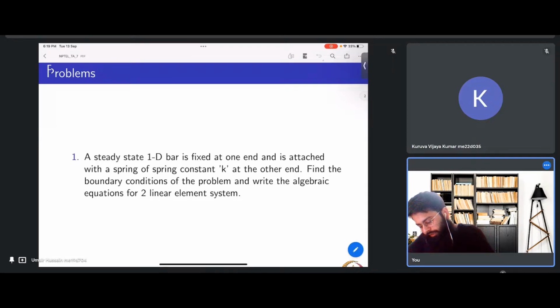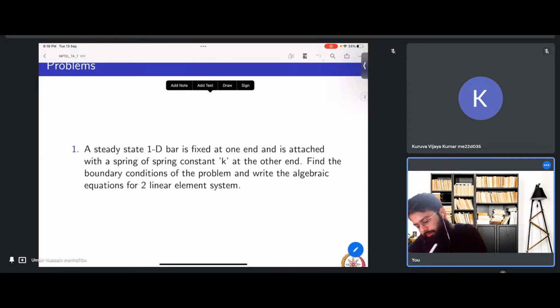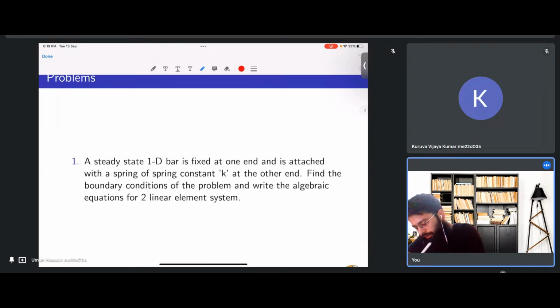So we are given a bar of some length L, and one end is fixed and the other end is attached with a spring.